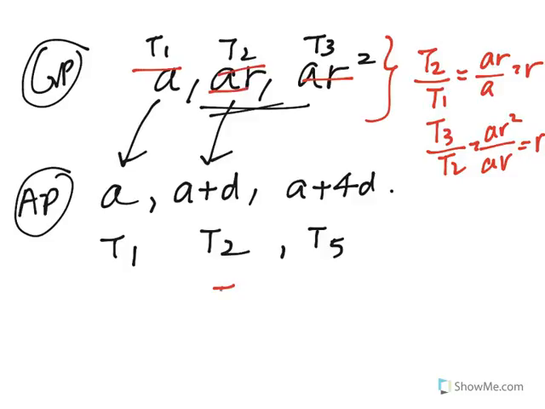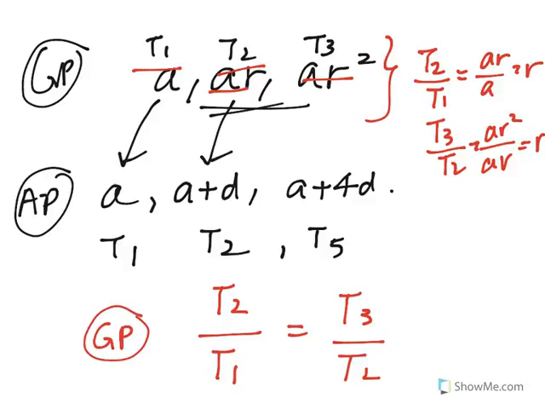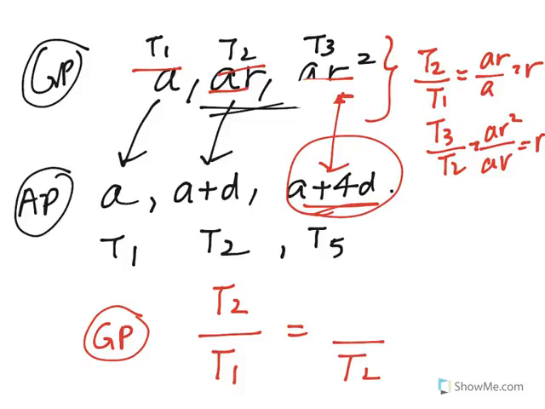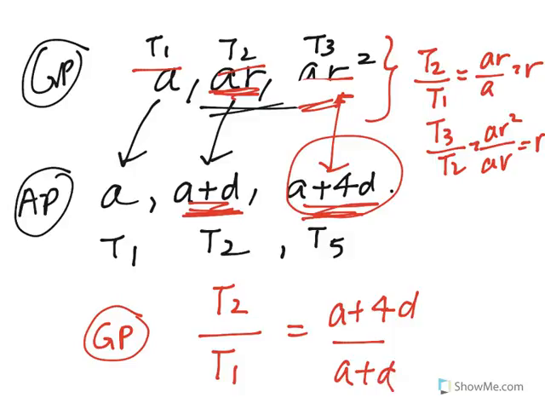Relating this to the GP, term 3 is nothing but a plus 4d. So term 3 over term 2 is a plus 4d over a plus d, and term 2 over term 1 is a plus d over a, because term 1 is nothing but a.